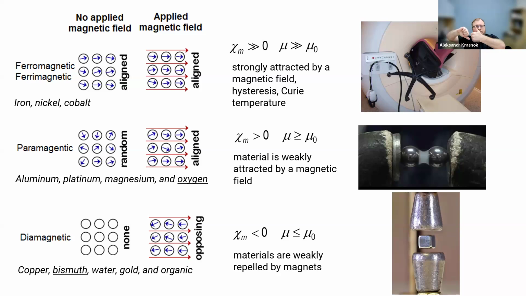So all these opposite magnetic dipole orientations lead to a negative effect. You get no magnetization because of this arrangement of the magnetic dipoles. So antiferromagnetics are materials with no magnetic response. And since they have no magnetic response, I didn't put them here.